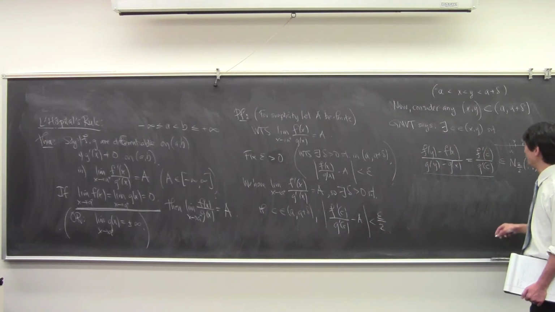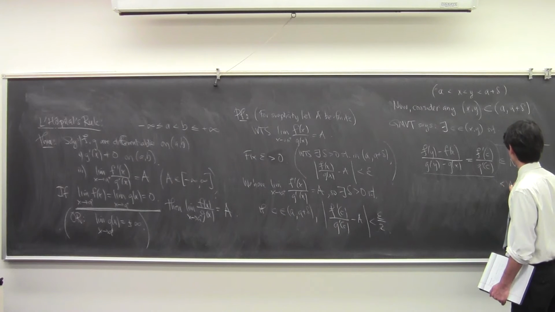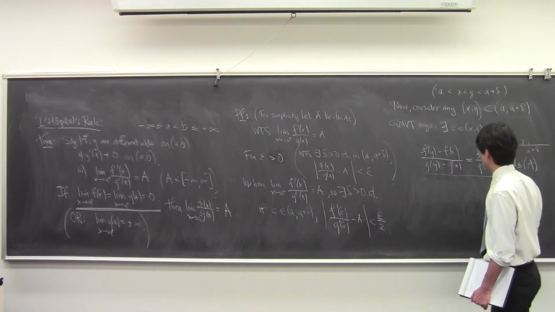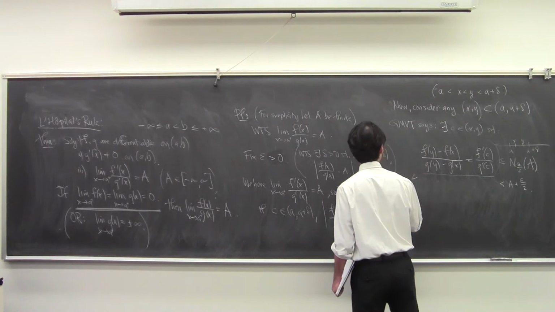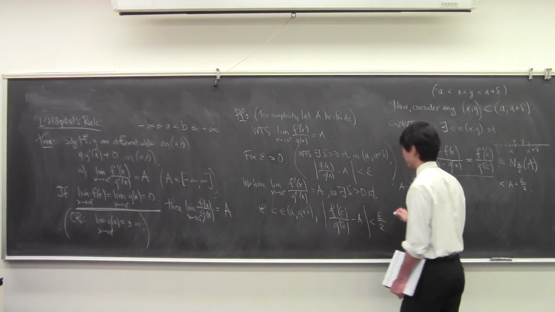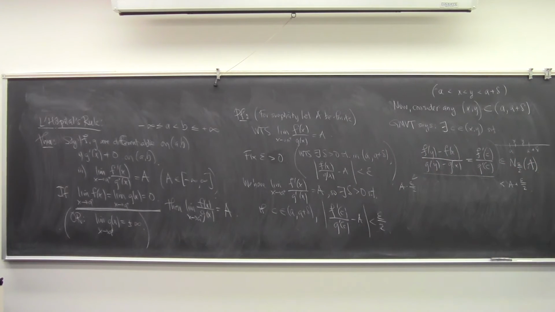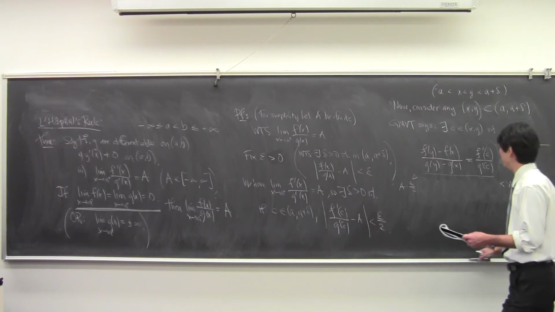Or if you want, you can say it is less than a plus epsilon over 2 and bigger than a minus epsilon over 2. The same thing.